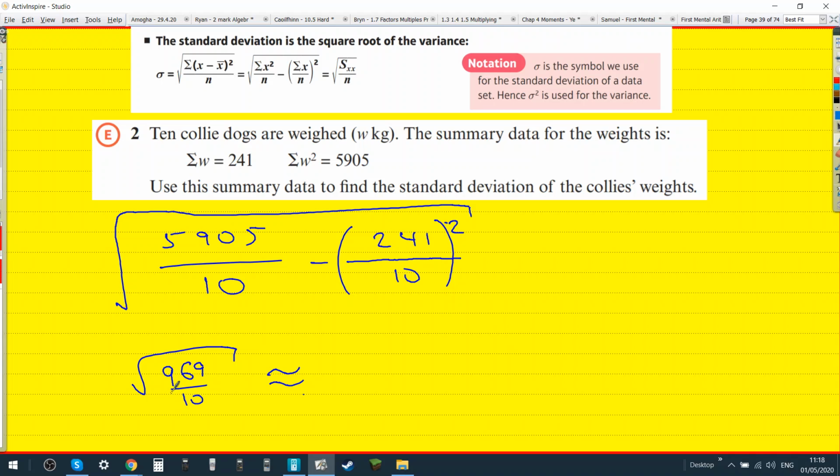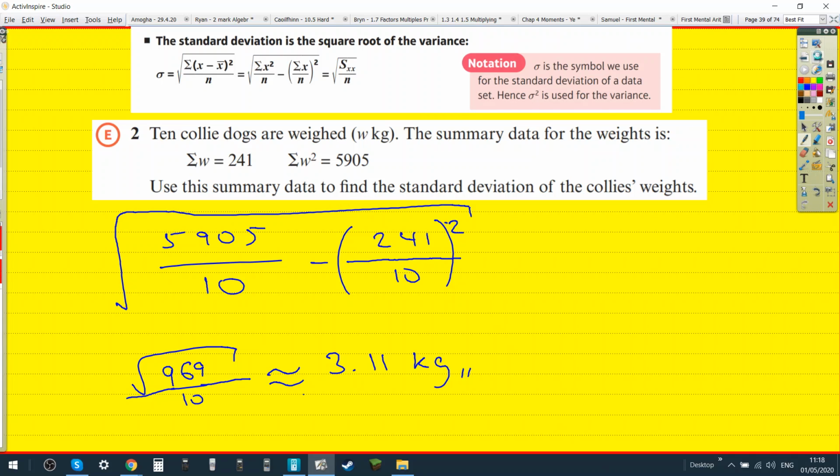Okay, and that's 3.11. So that's 3.11 kilos. So that is the spread, how spread out they are. 3.11 kilos. I don't have the answer, but I'm sure it's correct.